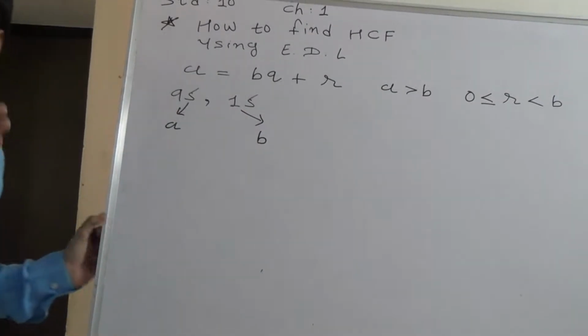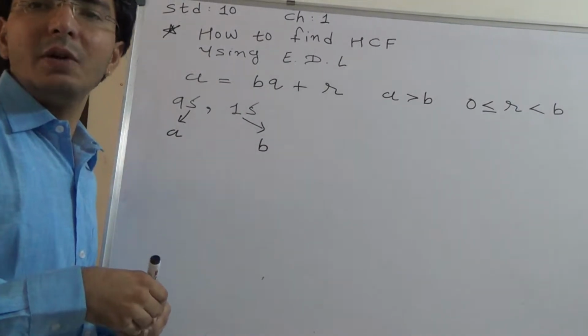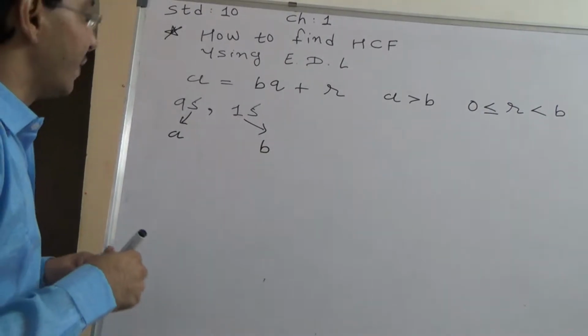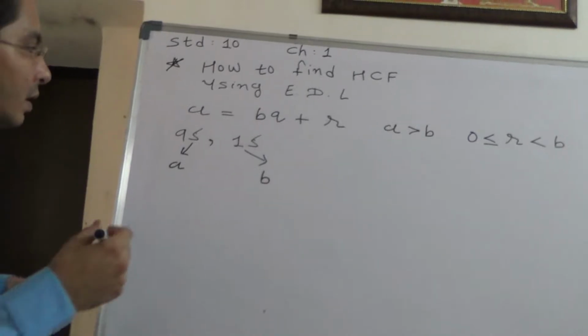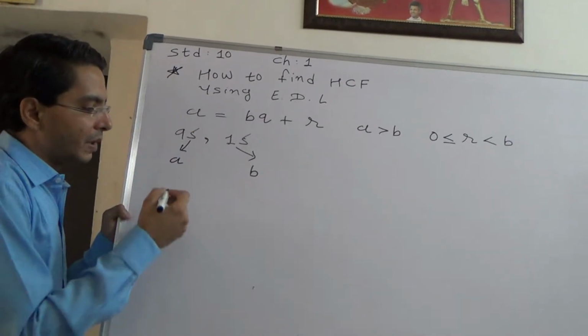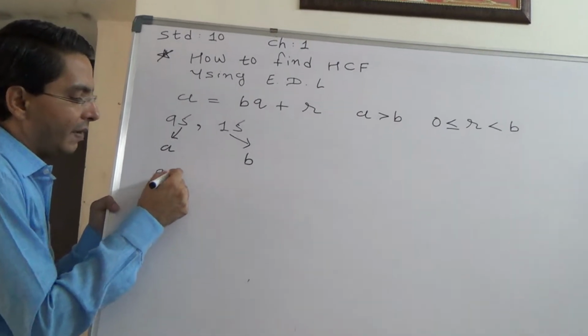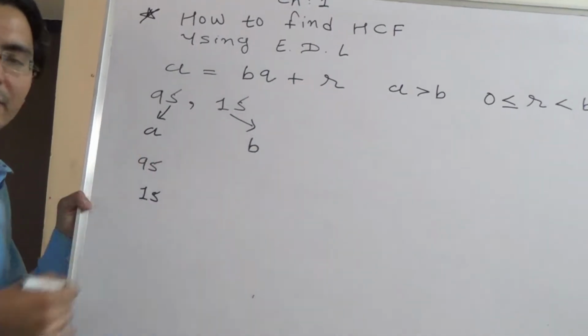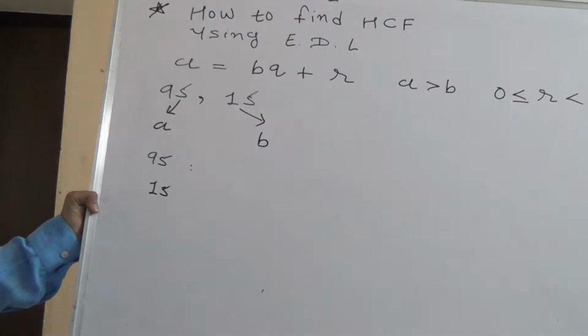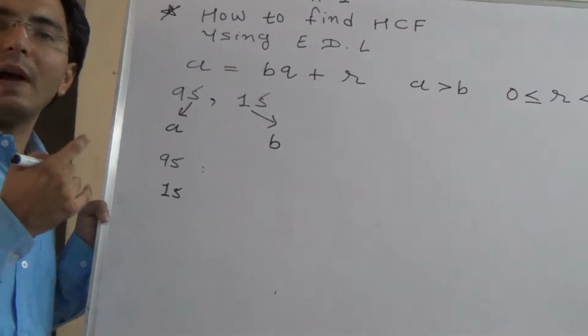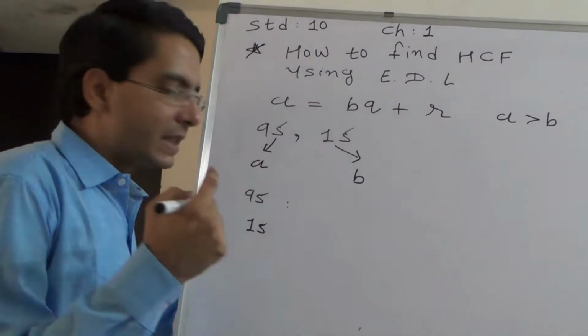In the previous standard, we already know how to find HCF. Suppose we start with the previous method, like if I have 95 and 15, how to find it? We know that any number has two factors, 1 and the number itself.